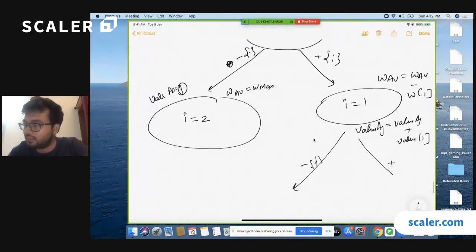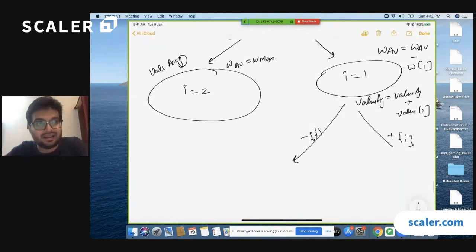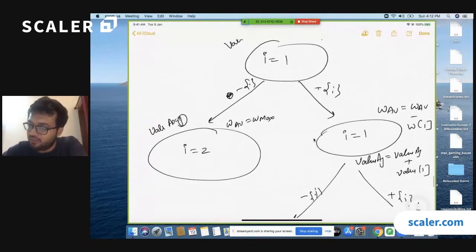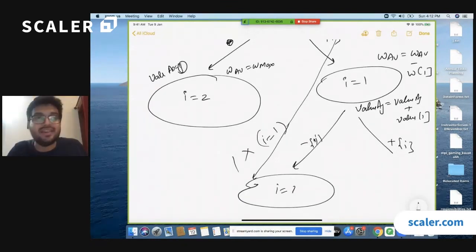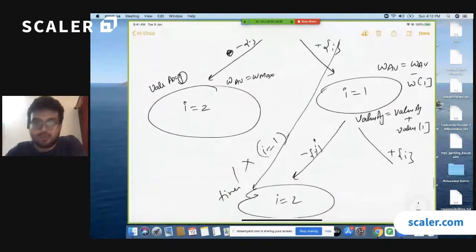If I do not select the ith element now, from the beginning till this state I have selected i equal to 1 once, and now I am moving to i equal to 2. So if I wanted to select i equal to 1 once, I will choose this path.